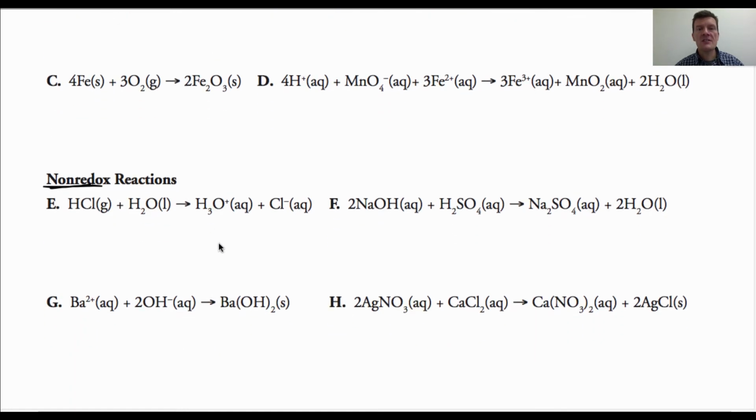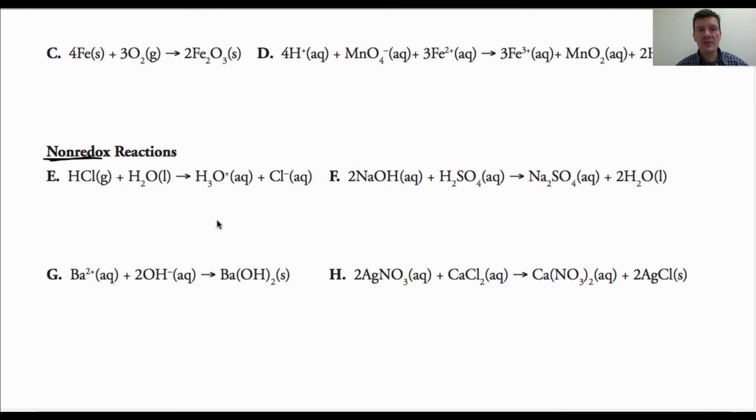Now that doesn't mean you're not going to see ions in a non-redox, as is the case down here. There are ions involved here as well. Okay? But what we're really looking for is, is there a change in the oxidation number? Is there a change from the reactant side to product side? Okay? So, for example, down here in G, there's an ion, Ba2+, it's in aqueous solution.